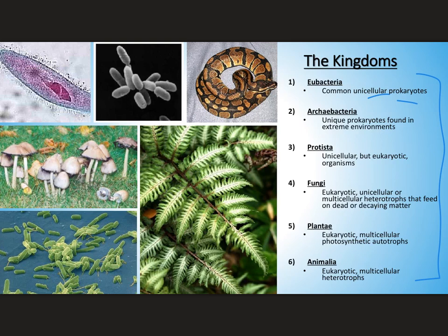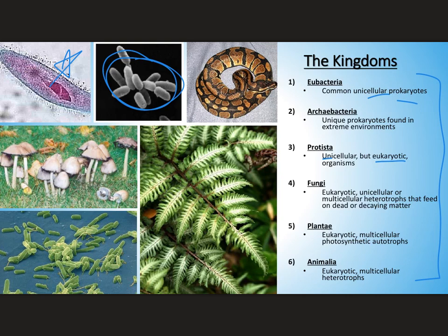In fact, this picture up here would be our extremophiles. They might be found at extreme pH like in your stomach, or at extreme temperatures in a volcanic vent or something like that. Then we've got the protists. They're pictured up here in the upper left. The protists are unicellular eukaryotic organisms. So this picture up here is a paramecium, an example of a protist.